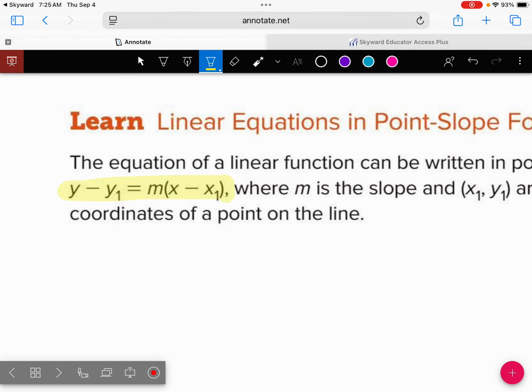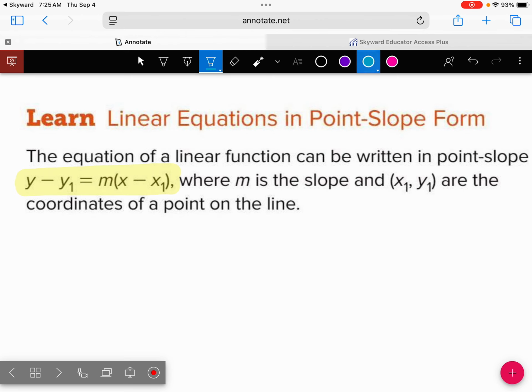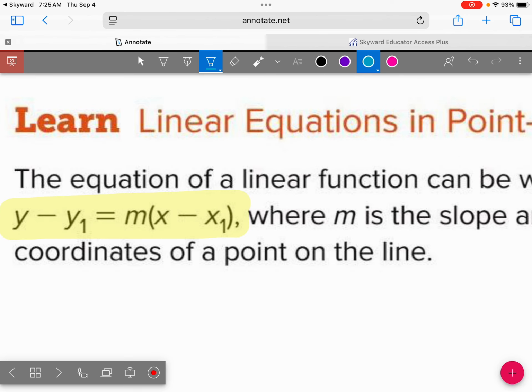Our y minus y1 equals m parentheses x minus x1. And what that is telling us is that if I have a point, we call that x1, y1, and if I substitute those 2 pieces in here with m, our slope, I have an equation that goes through a point at a slope.